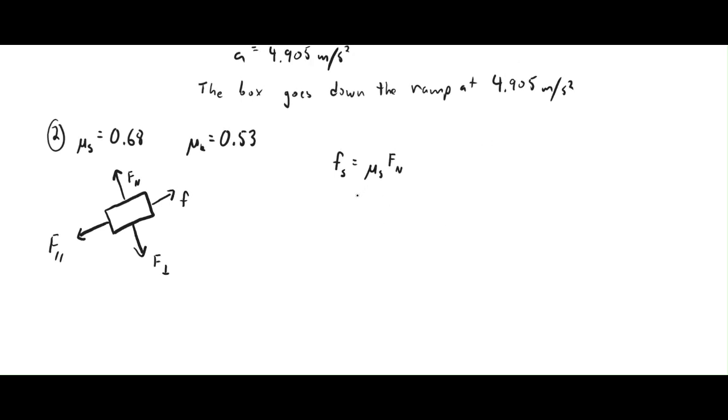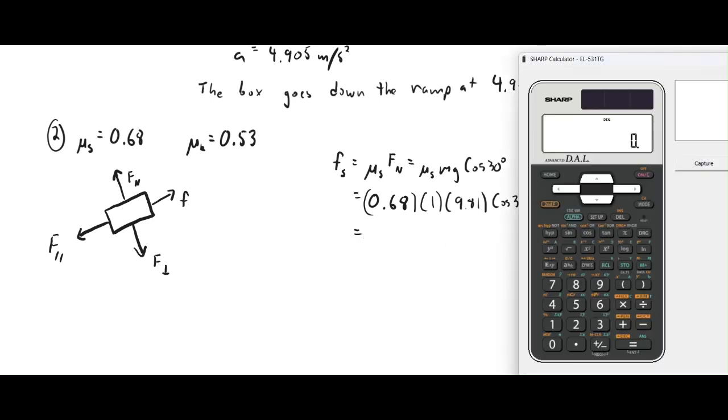And we also need to use this coefficient of static friction to see how much the friction is based on that normal force. So, well, let me finish writing this one out. So this is mu s times mass times gravity times cos 30. So we've got our 0.68, our mass is 1, gravity is 9.81, and cos 30, we'll figure that out as well.